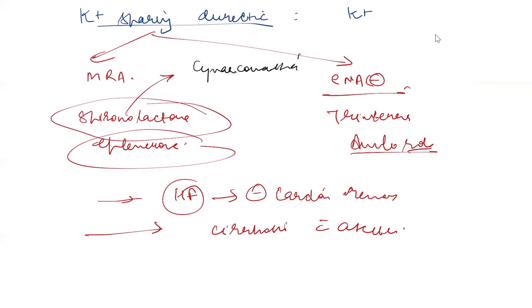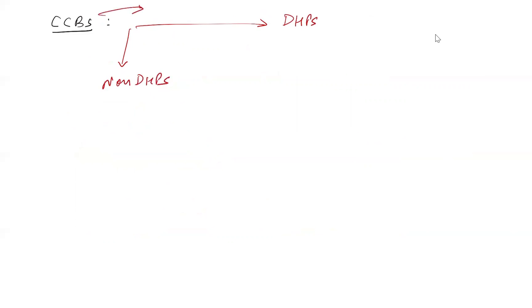Another class of agents is calcium channel blockers. We have two types of calcium channel blockers, that is DHPs and non-DHPs. Calcium channel blockers inhibit the L type calcium channel.